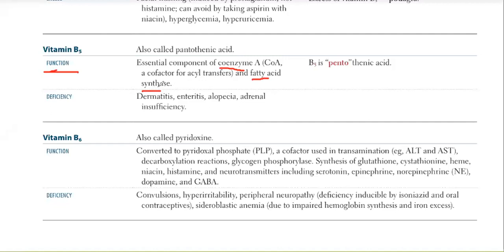And when we were studying vitamin B2, I told you it is an important cofactor for redox reactions. Also, B3 was an important factor for redox reactions. Similarly, B5 is an important component of coenzyme A and fatty acid synthase. And likewise, when we move on to B6, B7, B7 is for carboxylases. So you have to learn the core name of the enzyme in which they are important, because this can be asked in your MCQs.